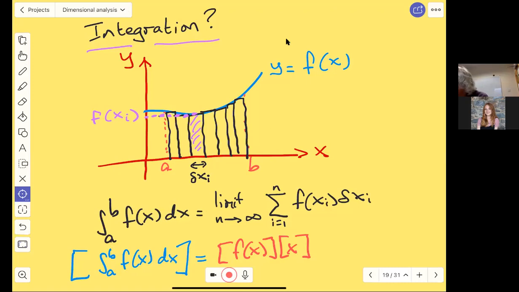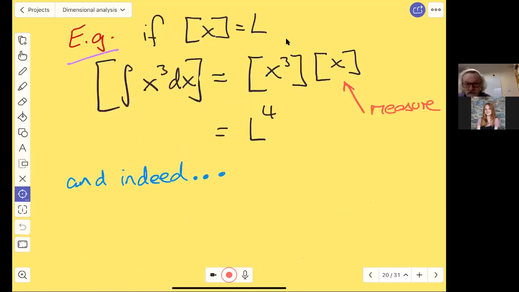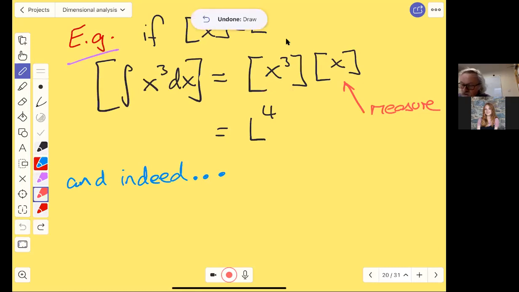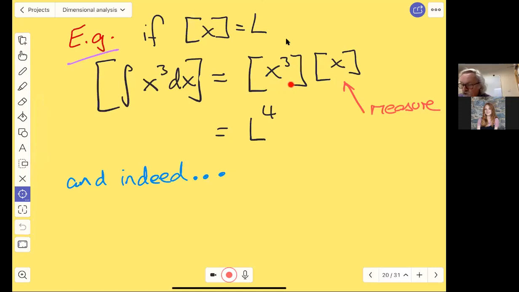So let's look at an example. Let's assume again that x is a length. And if you want to integrate x cubed with respect to x, well, the dimensions of that are going to be, from the integrand, dimensions of x cubed, which are L cubed, times from the measure, the dimension of x, which is L. So x cubed times x is x to the fourth, dimensions L to the fourth.